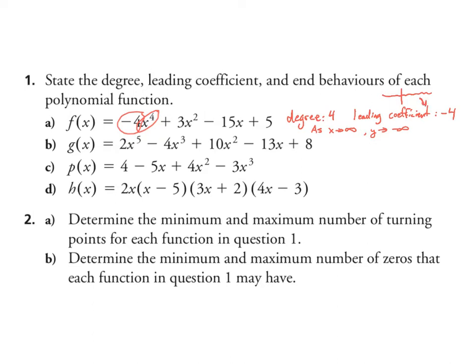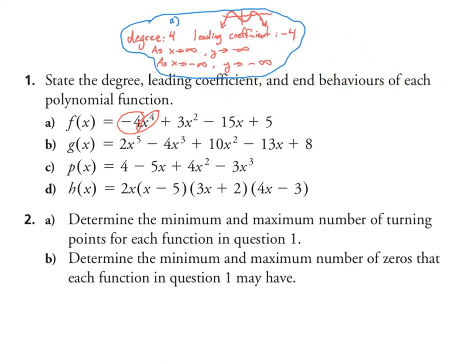And if the degree is 4, it just goes 1, 2, 3, 4. Okay, on the left, what's happening? It's going down. So we can say as x approaches negative infinity, which is on the left, y is also going down, so y approaches negative infinity as well.